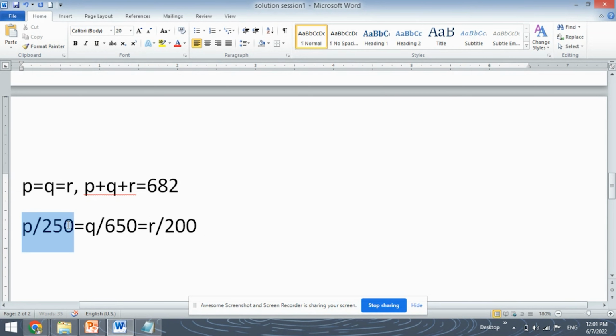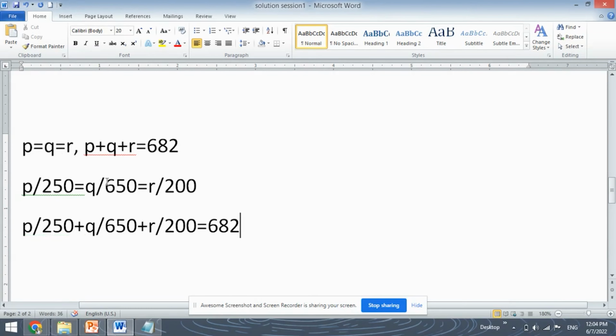This value is nothing but the fraction filled in the 250 ml beaker. This is the fraction or portion of the beaker which is filled, and this is the portion of the last beaker which is filled. Let's now add up these fractions.